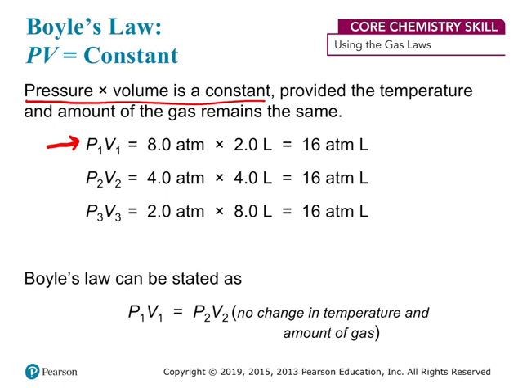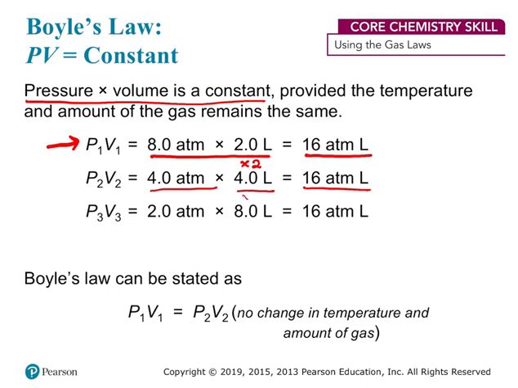If we multiply those two together, we get 16. Now, let's say that we increase the volume by a factor of 2. So now we have 4 liters of volume. The pressure is going to decrease by half, so we'll have a pressure of 4 atmospheres. Now 4 times 4 is also 16.